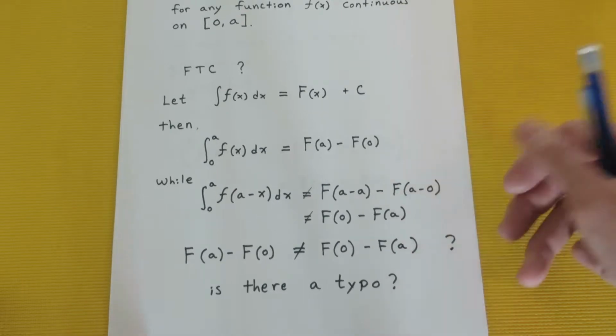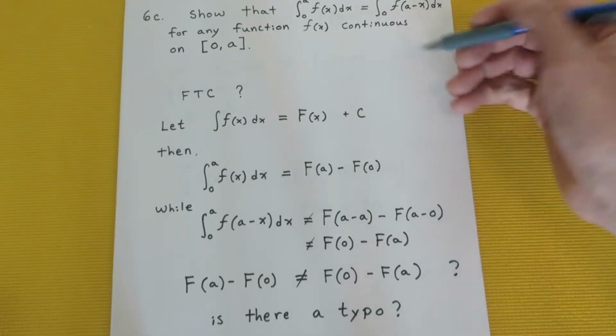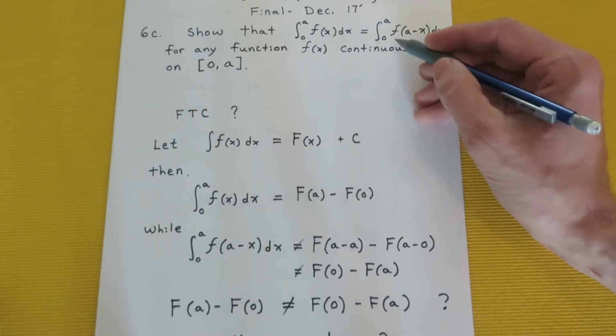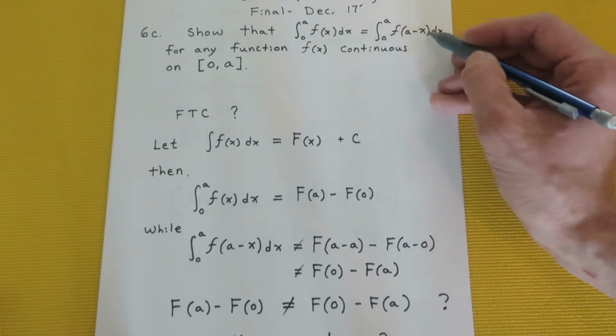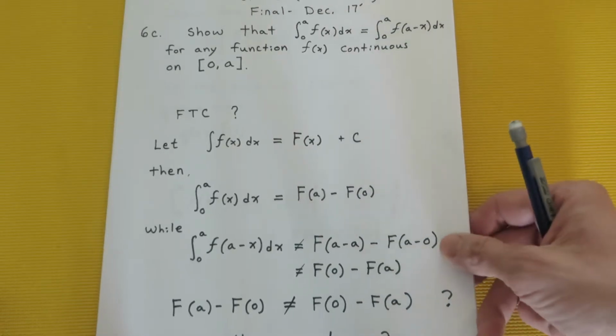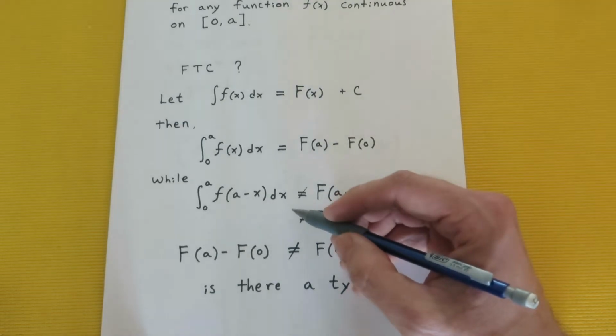Notice that for the other expression here, you can't just plug a and 0 into your a minus x here. There's a little bit more going on. Watch what happens if you try that.